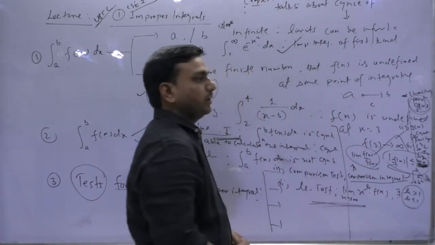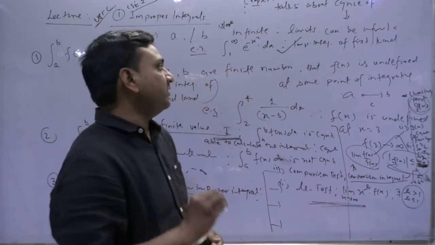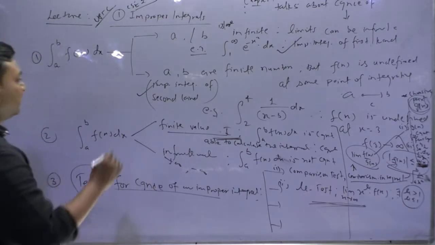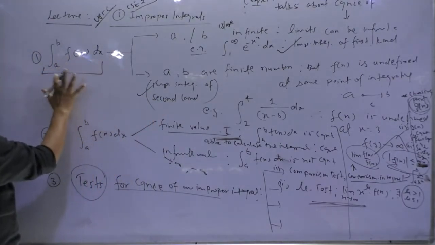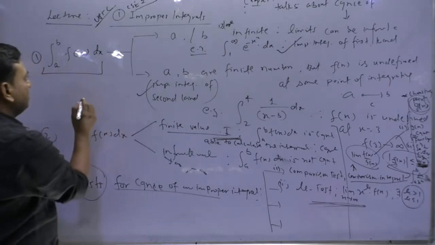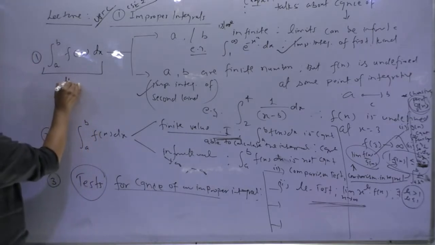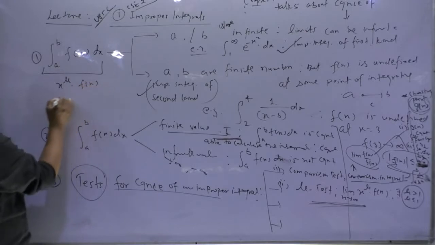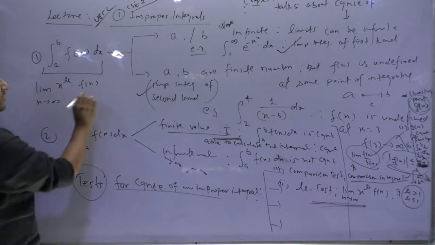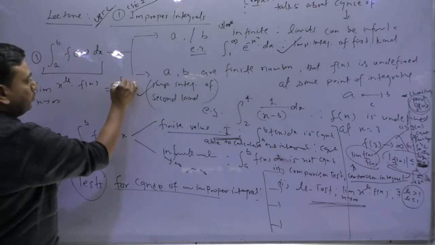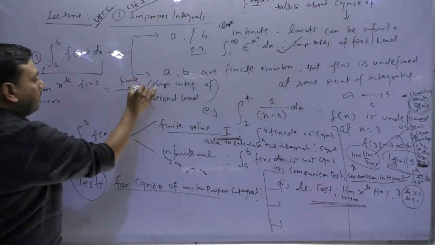Mu test. In the case of the mu test, what they said is that suppose you have been given this integral. Okay, please be on the board. You just write x raised to the power mu into f(x). Then go and find this limit. Suppose that this comes out to be a finite number.